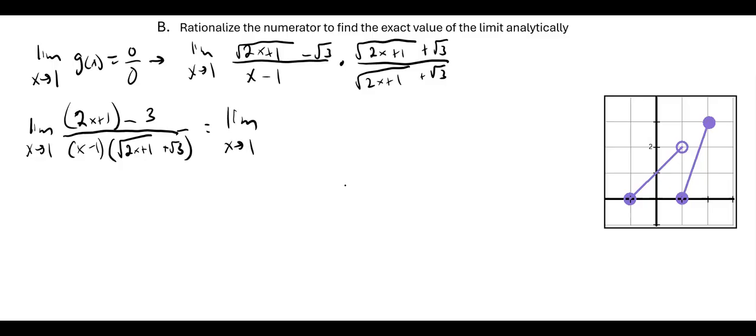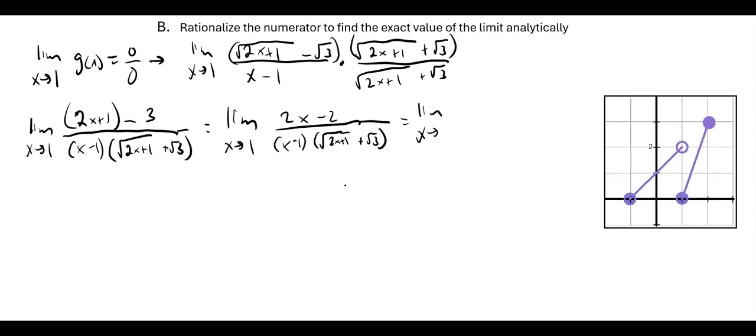Now I'm going to simplify. If you need to FOIL this out, then FOIL that out so it makes sense to you. Anyway, you got 2x, and 1 minus 3 is negative 2, which you can factor out a 2.